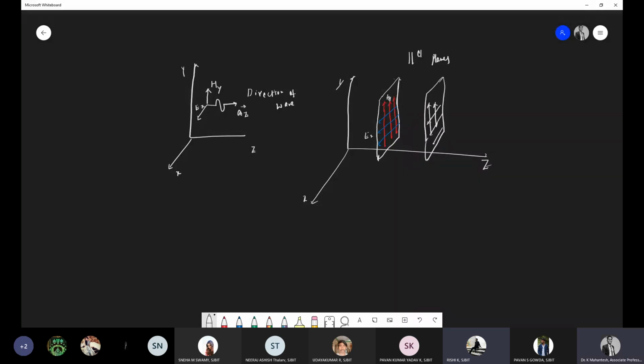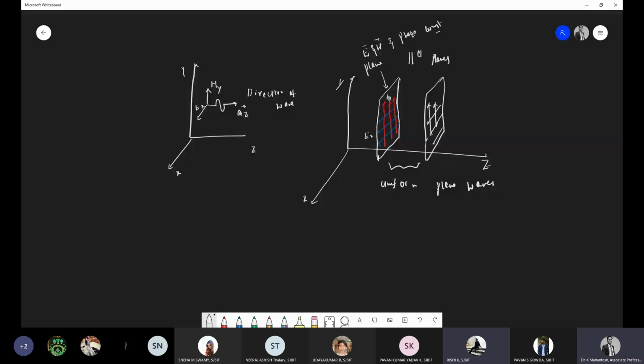Now these are called uniform plane waves. You could see this is a plane where the amplitudes of E and H vectors are constant, and phase is also constant.